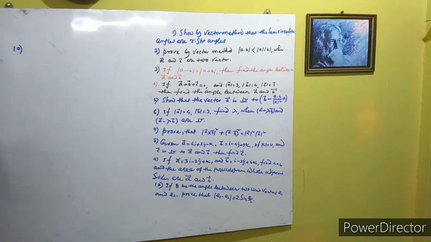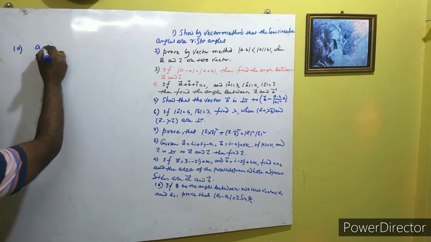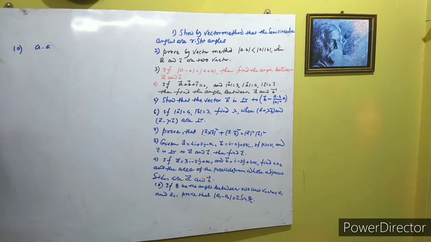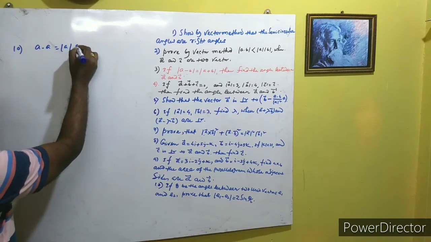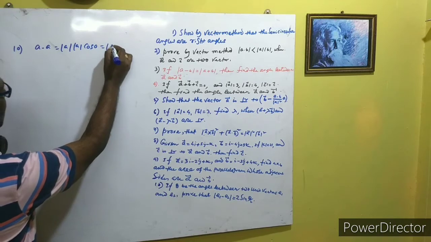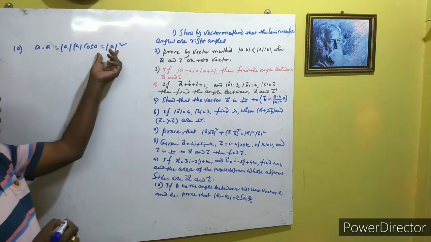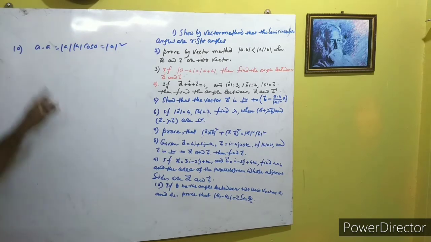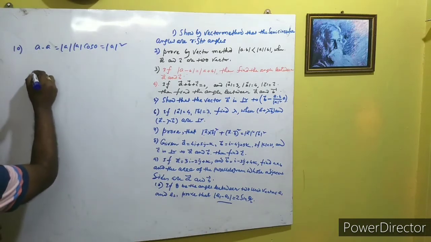Again I repeat, if we take the dot product of the same vector, then A dot A is equal to mod A, and the angle between them is 0, so we can write cos 0, so we get mod A square. So somewhere if we get mod A square, we can write A dot A. From this, here is the mod of E1 minus E2.